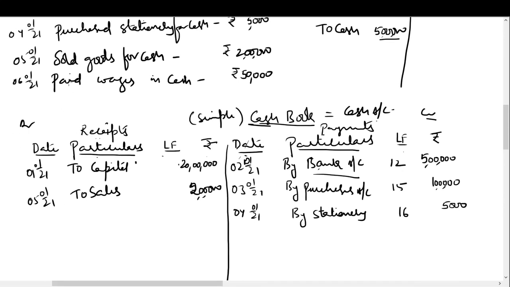Next, paid wages in cash, rupees 50,000. So how do I record the transaction? 6th January 21. It is a payment. That is why I am recording it on the payment side. By wages, let us say it is in page number 17, rupees 50,000. So what should I do next?